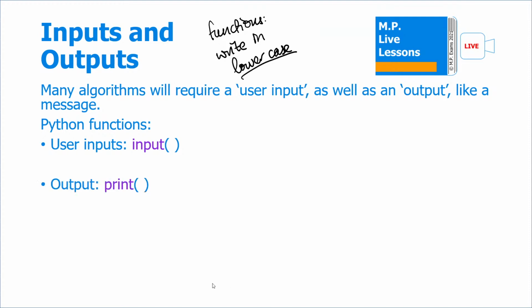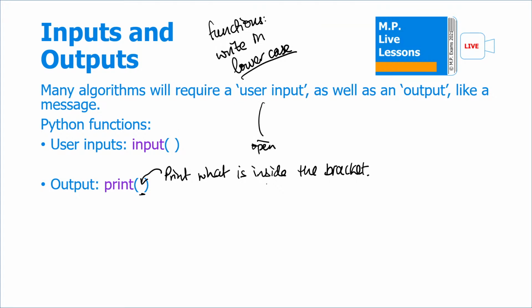Next is the output, so to print, it will print whatever is stored inside this bracket here. And the good thing to remember as well with brackets, for every bracket you open, so this is like an open bracket, we need to close the bracket to make a full pair.